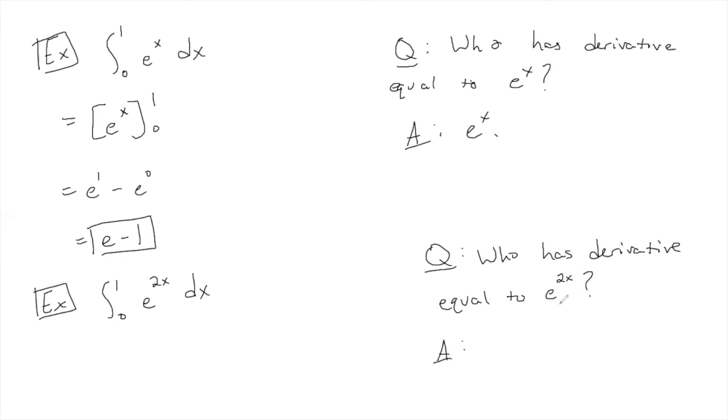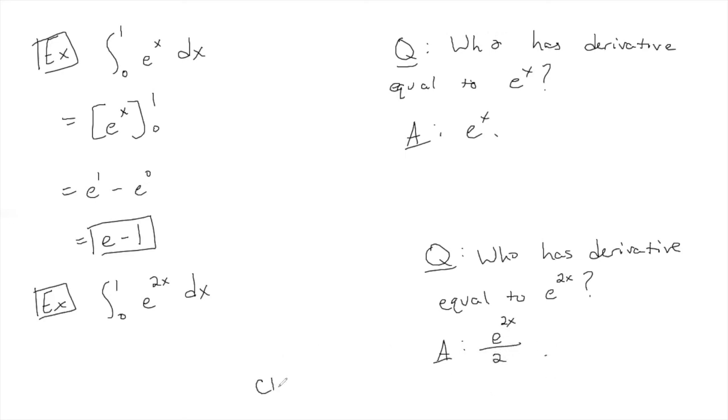Normally, when you take a derivative of this, you take the same function, and then you multiply by the derivative of the exponent. In this case, you take the antiderivative, which is you just write it again, and then divide by the derivative of the exponent. So it's e to the 2x over 2.